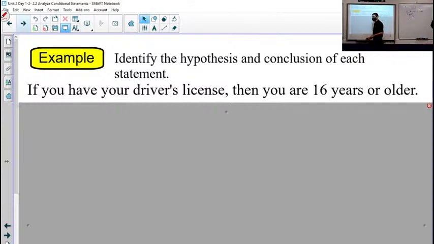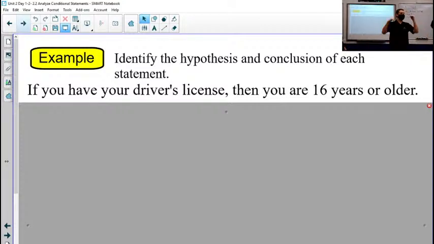So let's break down this sentence and talk about hypothesis and conclusion in this conditional statement. This is an if-then statement because I'm saying if the information I tell you, so I have this person, and the information I'm telling you about them, the condition, is that this person has a driver's license.